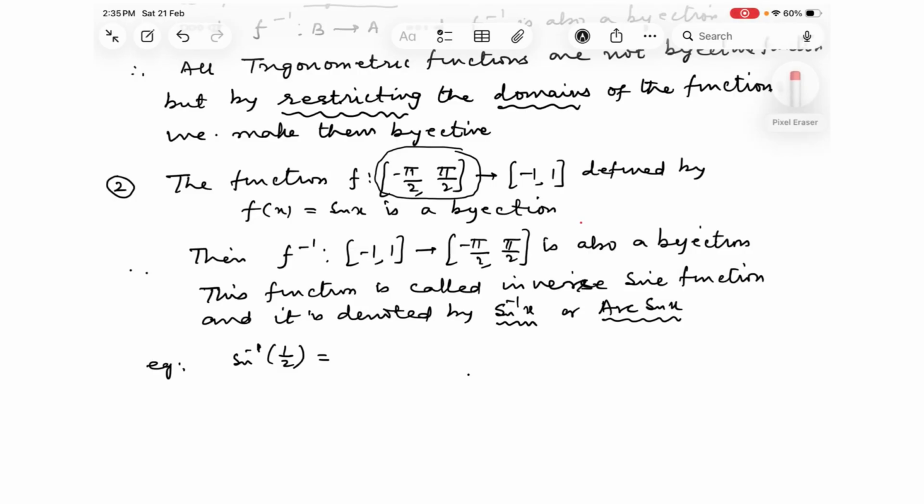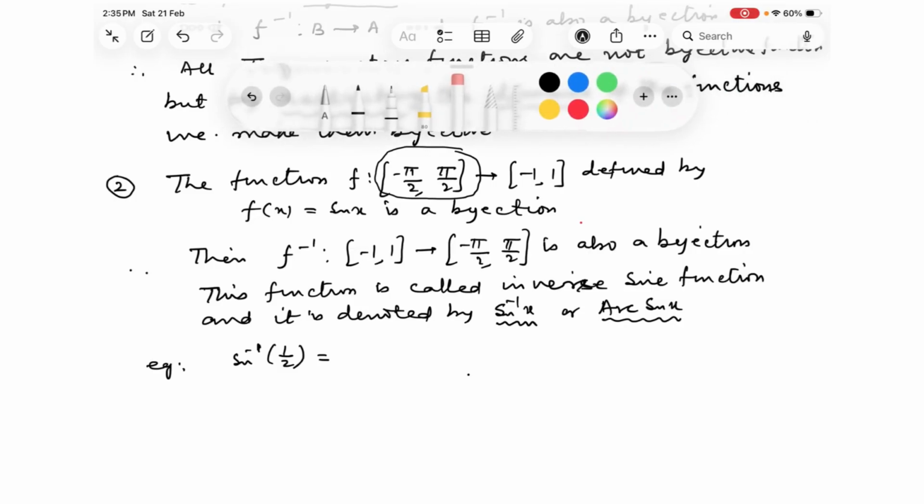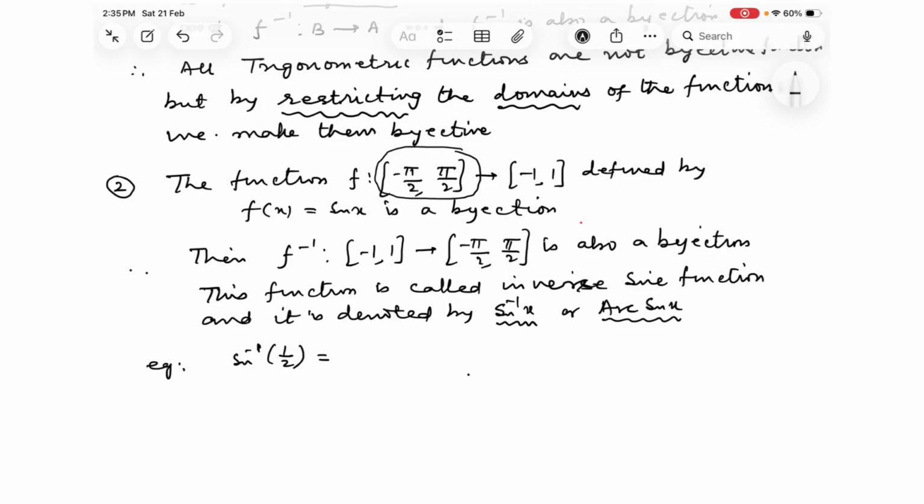But because the range is from minus pi by 2 to plus pi by 2, we should write only pi by 6. Because sine pi by 6 is also 1 by 2, and sine 5 pi by 6 is also 1 by 2, but we don't write sine inverse half as 5 pi by 6. We write only pi by 6. Very, very important point.